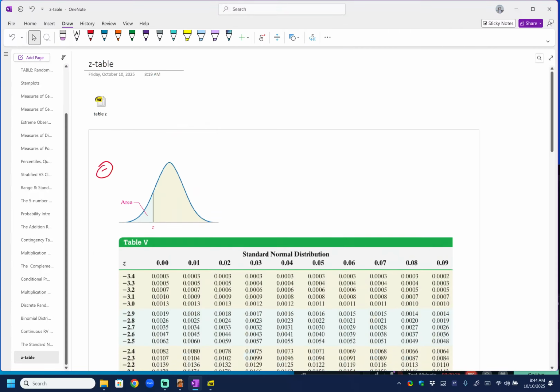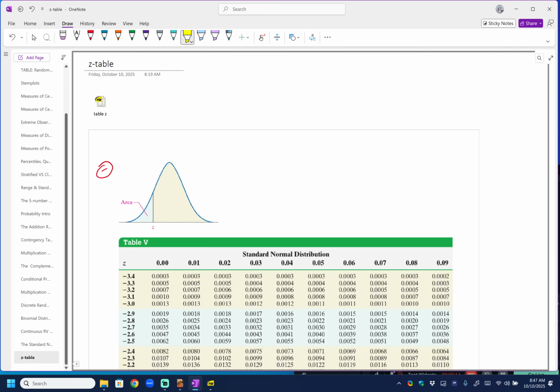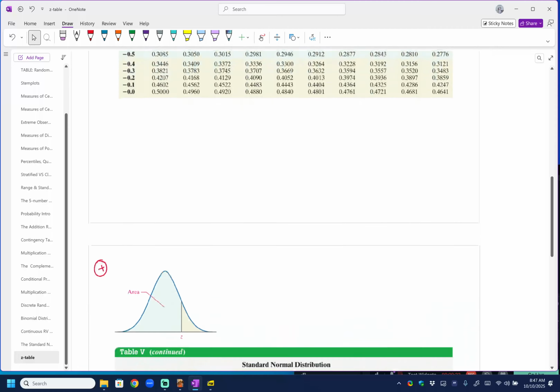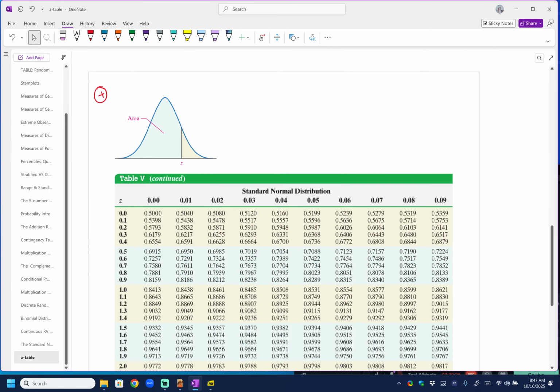If you recall, going back to the problem at hand, we were looking for the probability that z was less than 1.15, which means the z-score of importance that we must deal with is 1.15. So going back to the table, we clearly are on the wrong page because these are negative values. So we need to go over to our positive version of the z-scores and realize we're trying to find 1.15.